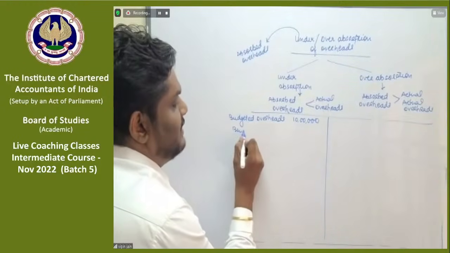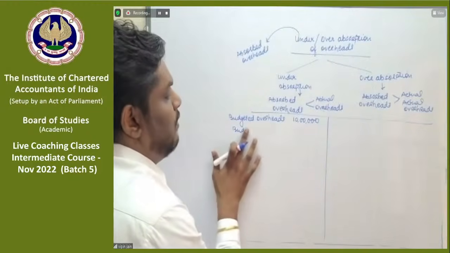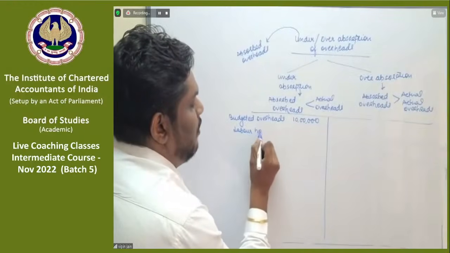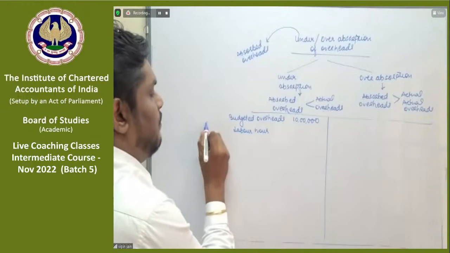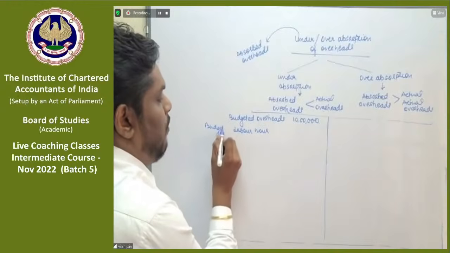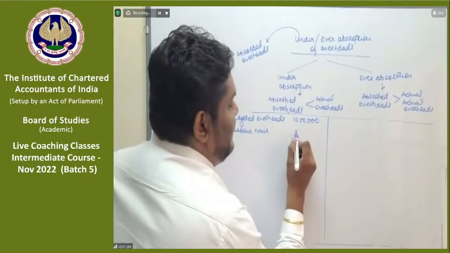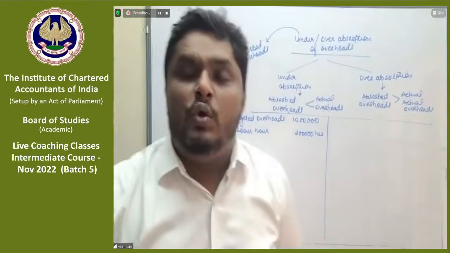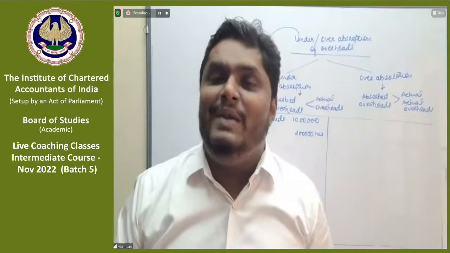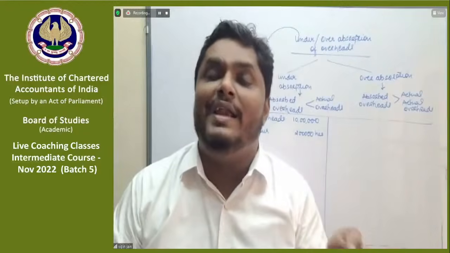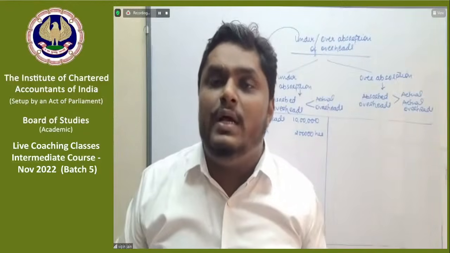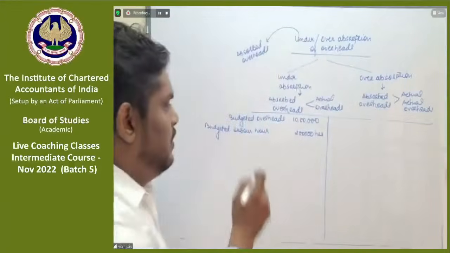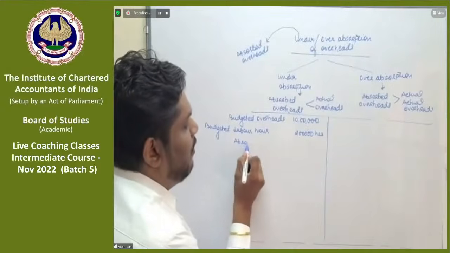My budgeted labor hours are, let's say, 2 lakh hours. My total estimated overheads are 10 lakh and my total estimated hours are 2 lakh hours. It means we can easily calculate the absorption rate, and that absorption rate will be rupees 5 per hour. So how much will be the absorption rate?